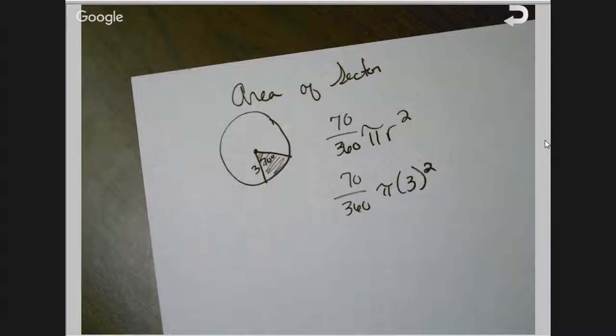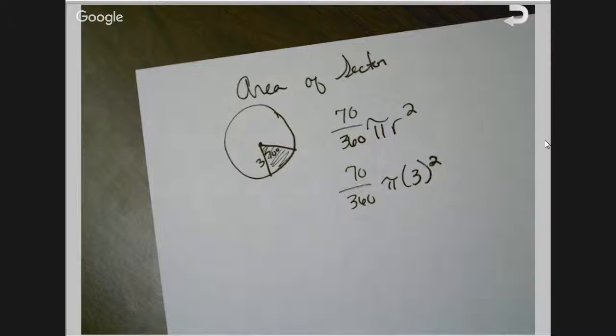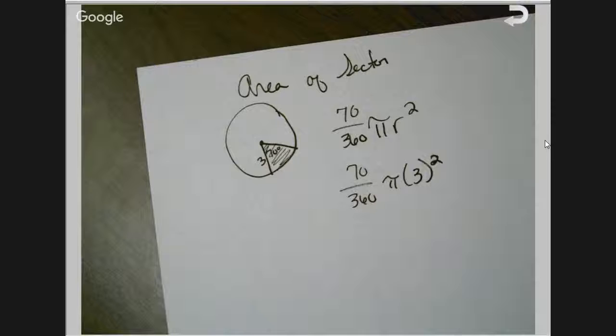Now, if this had not said degrees, if this had given me pi over 2 radians, what do I change in my formula? What's radians another thing for? Go with the concept of what it connects to. It's radians versus what?